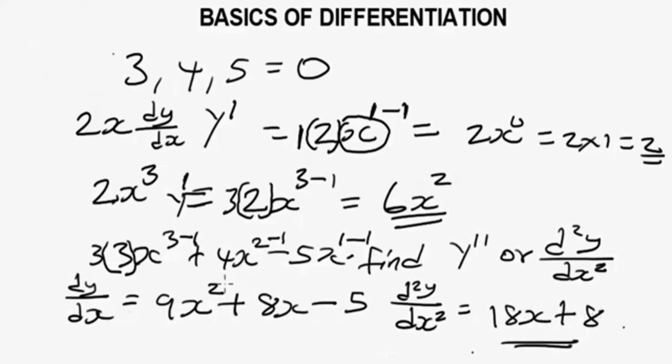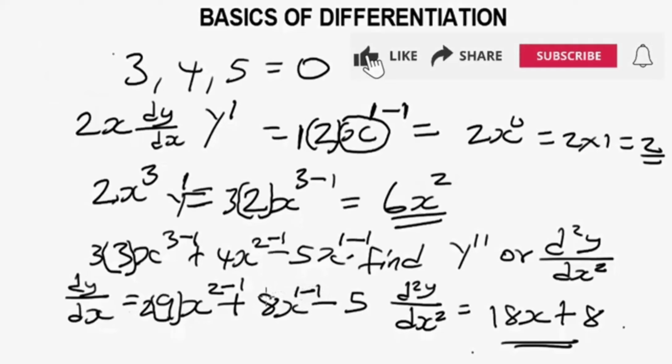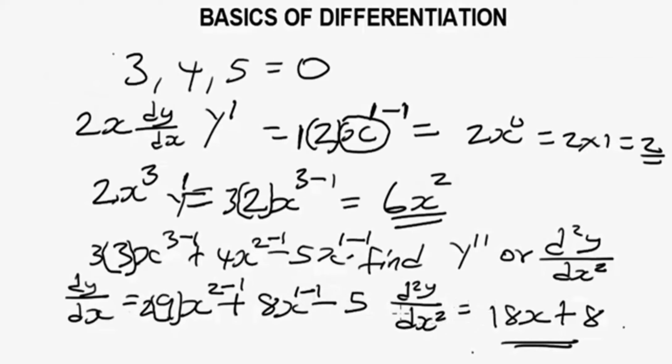How I got 18: subtract 1 from this power, and at the same time this power comes and multiplies this 9 here. That's how I got 2 times 9, 18x. Then plus, the same thing is applicable here. The power here is 1 minus 1, which gives you 0. x to the power 0 gives you 1. 8 times 1 gives you 8. Then when you differentiate a constant, minus 5 gives you 0. So our final answer to this problem is 18x plus 8.